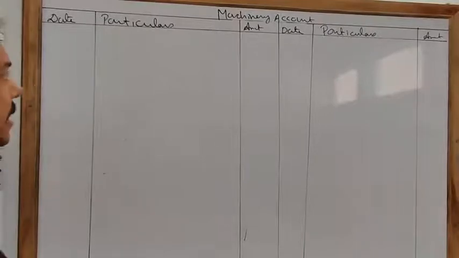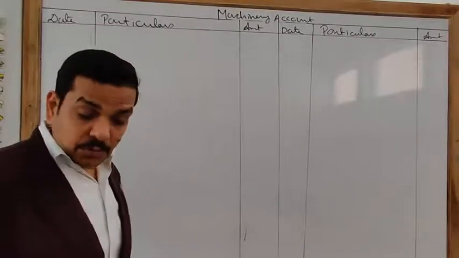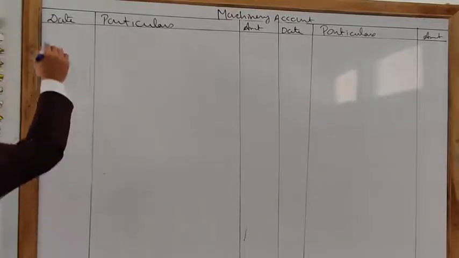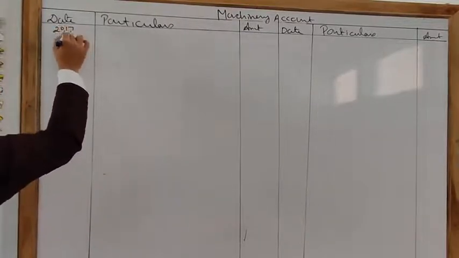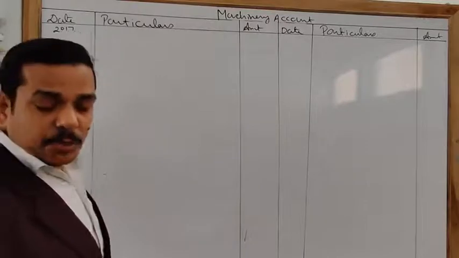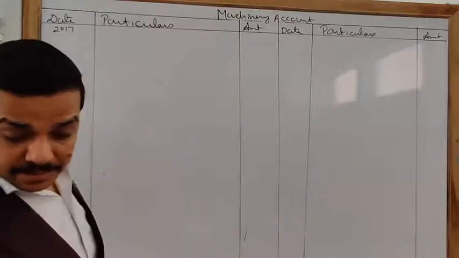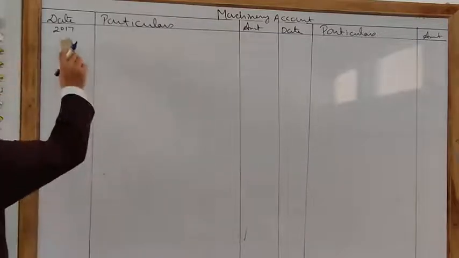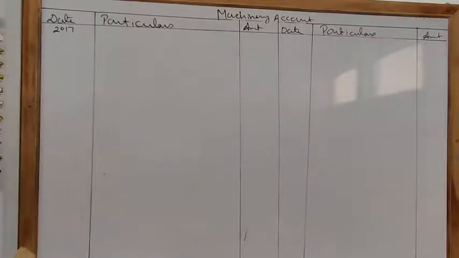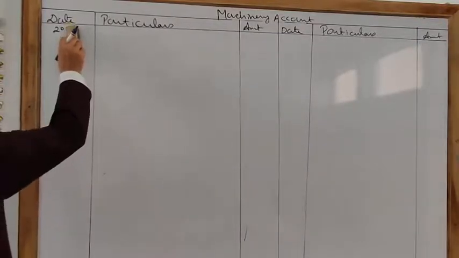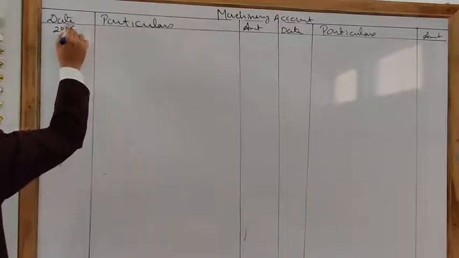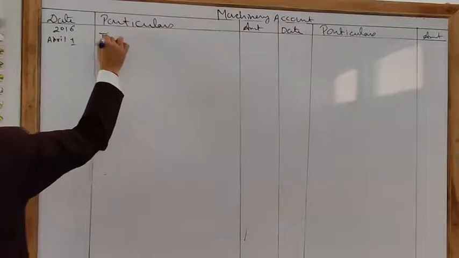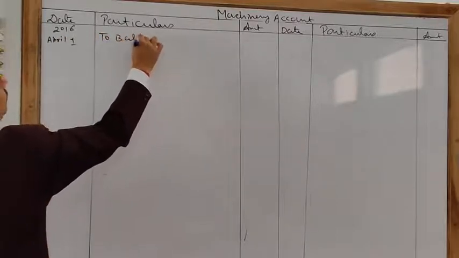So dear student, I have prepared the machinery account. Now we are going to post the entries. So 2017, in my book it is 2017 because it's last year. If in your book it is 2018 and 19, write that. No problem. 2016 April 1, to balance b/d.